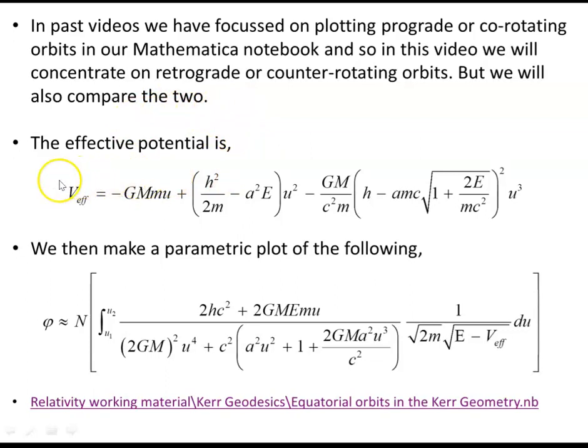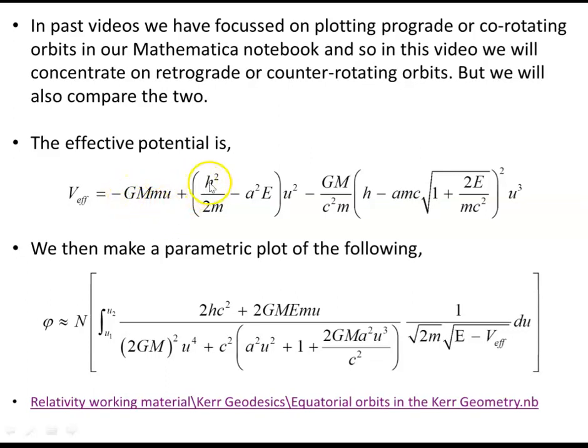Now, in previous videos, this effective potential has been worked out. All parts of it have been explained. U is just substituting for the variable 1/r, the radial coordinate. Capital M is the mass of the source mass, the black hole itself, and m is the mass of the laboratory or whatever other massive particle you have. G is Newton's gravitational constant.